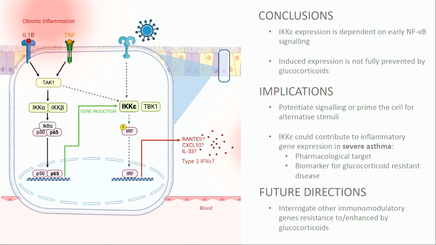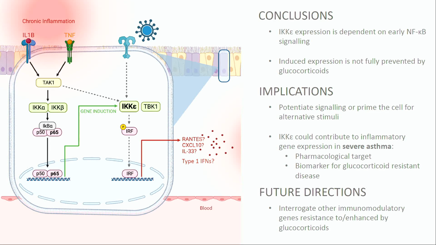Or, because we don't yet know if IKK is activated once it is induced, it could prime the cell for alternative stimuli, such as viruses or bacteria, to come in and activate IKK and prime the cell for those alternative responses. Interestingly, as Dr. Swindle was talking about those viral exacerbations, IKK is implicated in viral signaling, so this could be a potential mechanism for that.